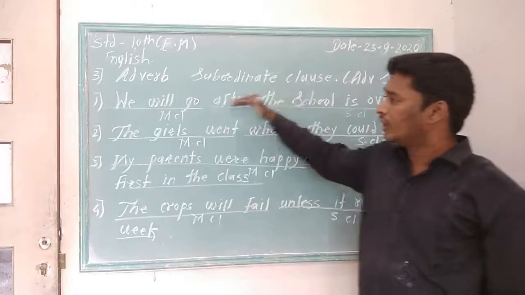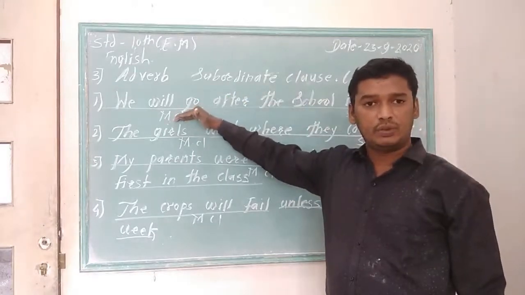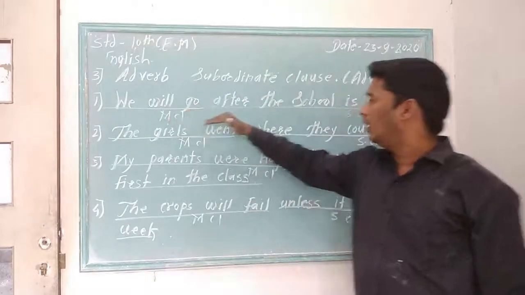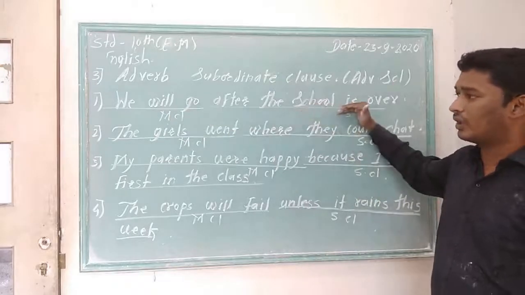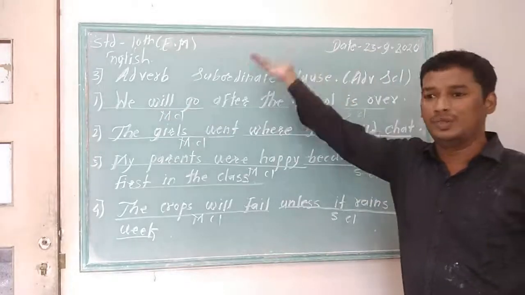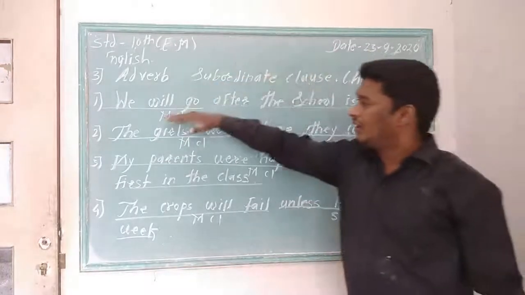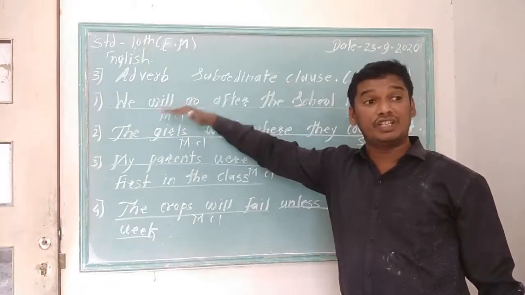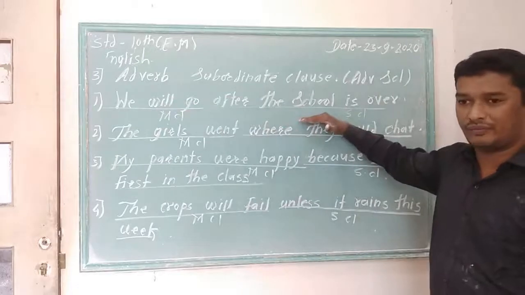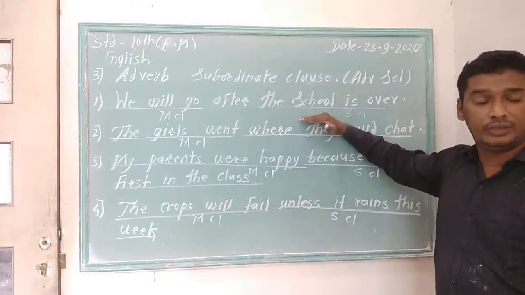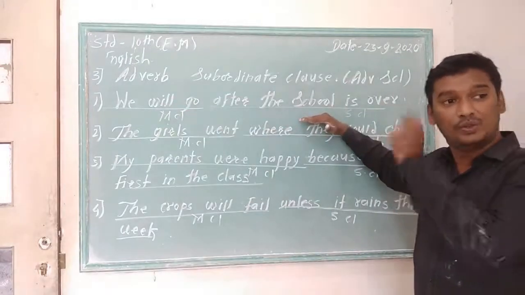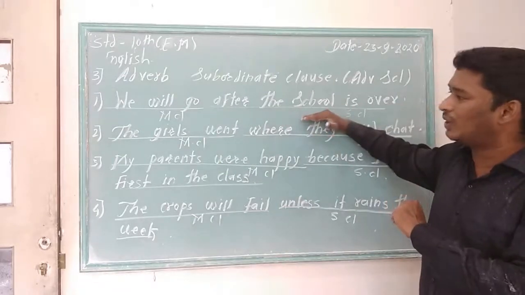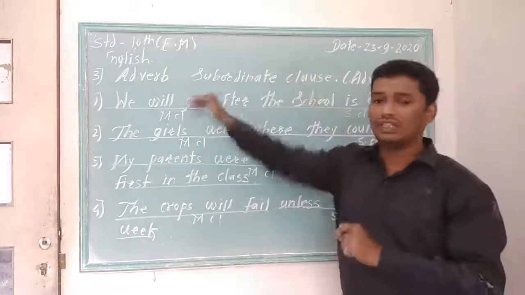Okay. First sentence, look at its meaning. We will go after the school is over. When will we go? After the school is over. The action of going has been described by this subordinate clause. So this subordinate clause describes the action in the main clause.